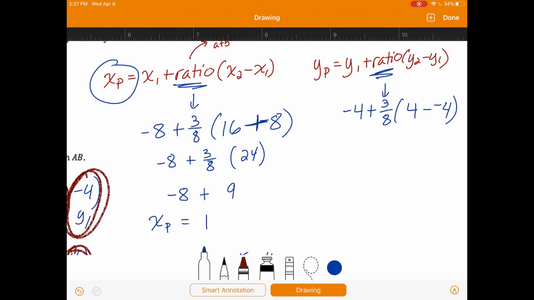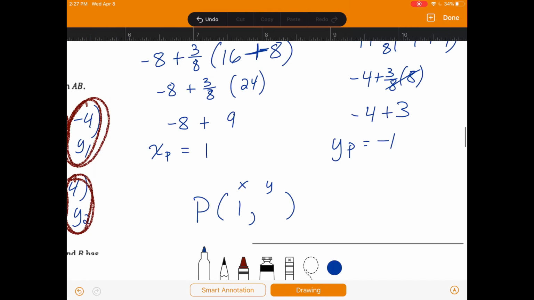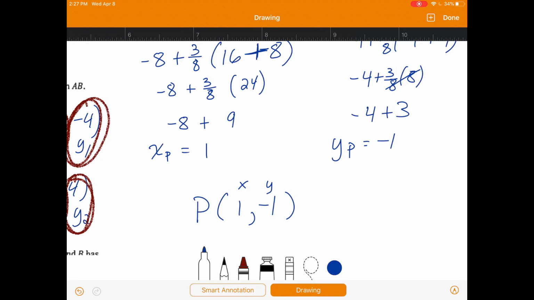And then same thing as before, if you've got 2 negatives like that, it becomes plus. So we've got -4 plus 3 over 8 times 8. Those 8's cancel out. Whoops, I'm saying 8 so much. -4 plus 3, because these 8's cancel out. And the y value for P is going to be equal to -1. So that means the y value for P is -1 right there.